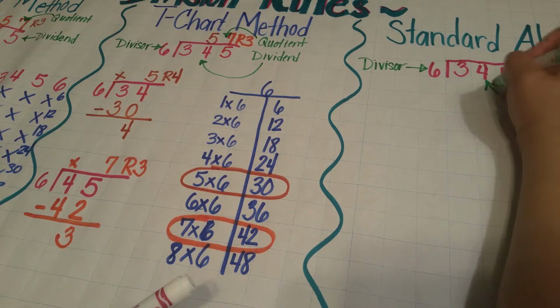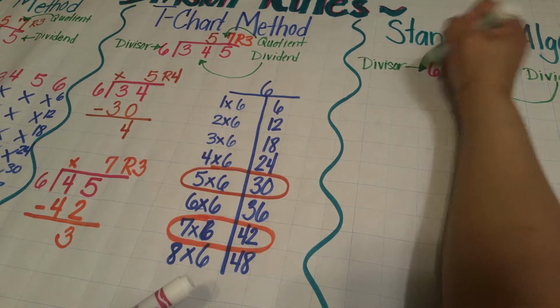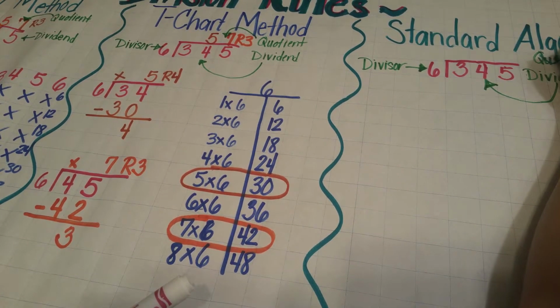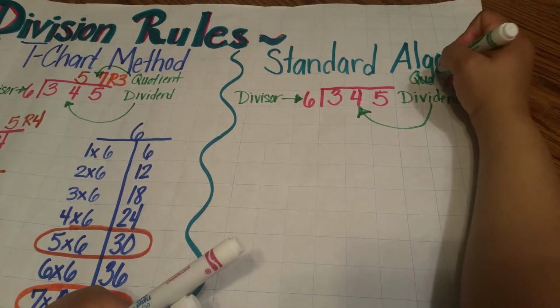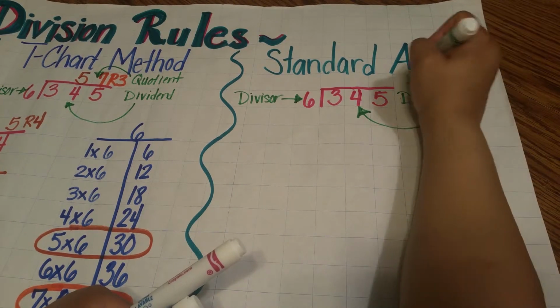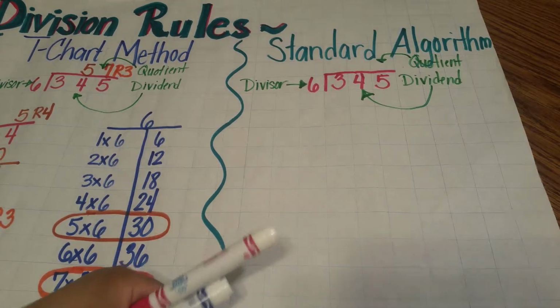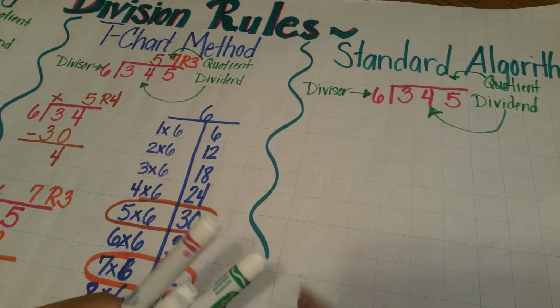That's what we're dividing into. The divisor is what we're dividing by. And we are looking for our quotient, the answer to our division problem. So again, we're going to create our T-chart.